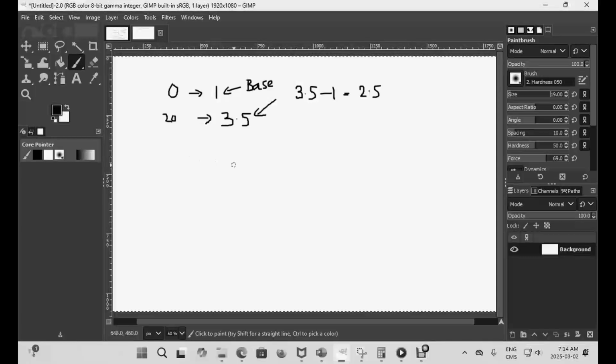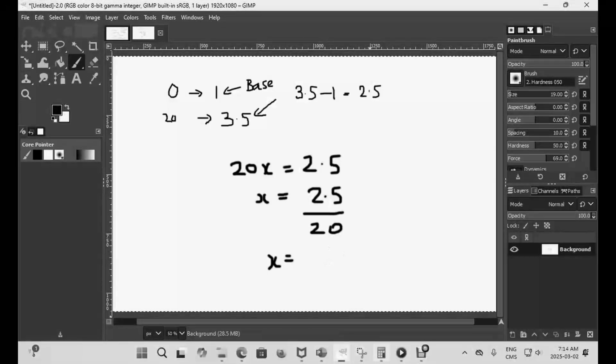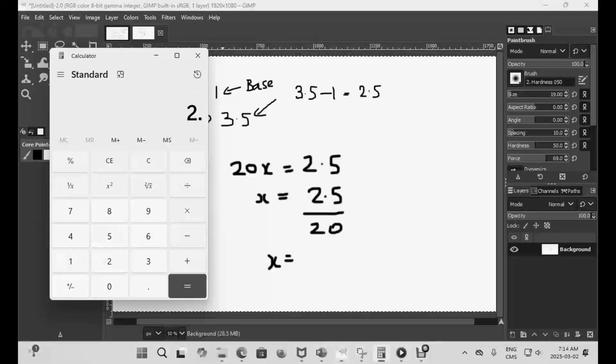So 20x equals 2.5. So x equals 2.5 divided by 20.